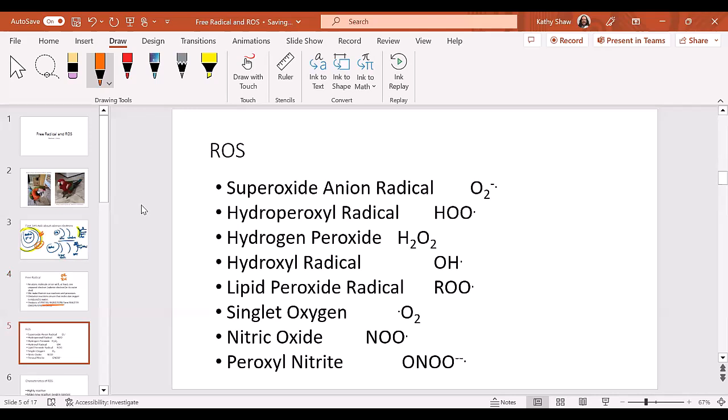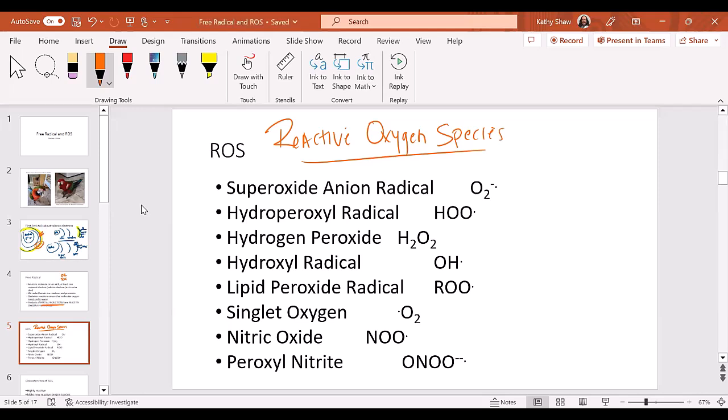Where we're ultimately going with this is reactive oxygen species, which we often abbreviate ROS. They're things like the superoxide anion radical.